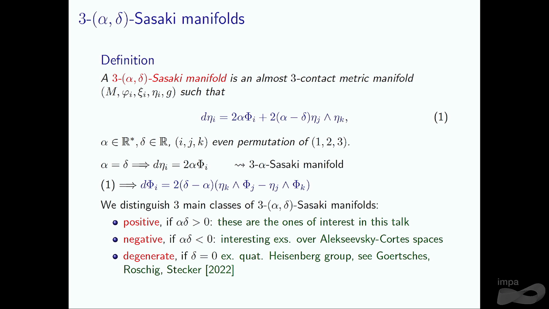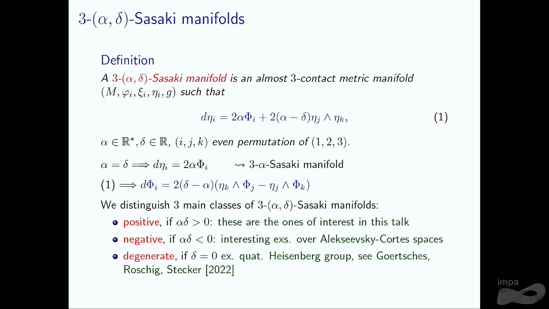And now, what is the modification for free alpha delta Sasaki? So we look at an almost free contact metric manifold, just as before. And now we add an additional term which is genuinely not there if you only look at one structure, right?